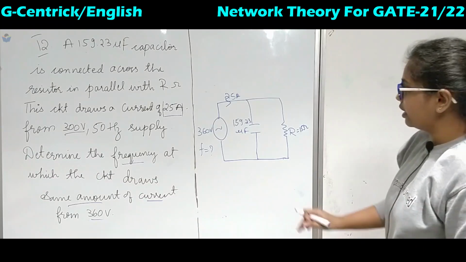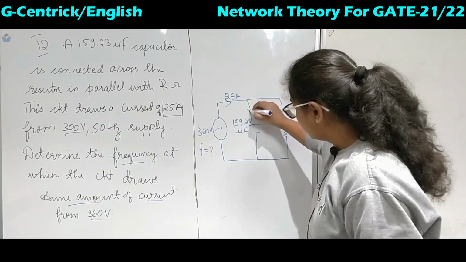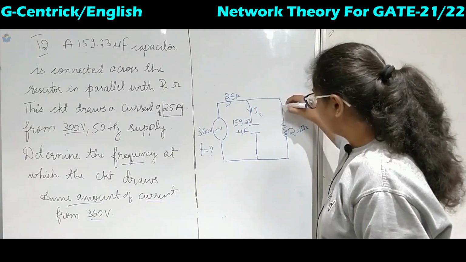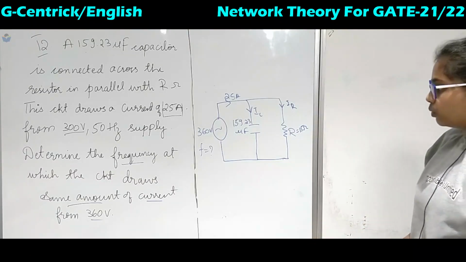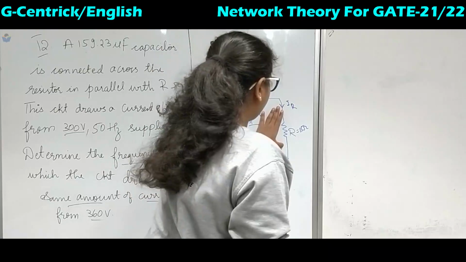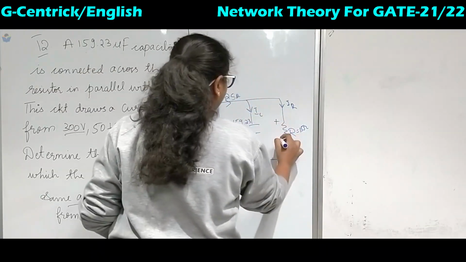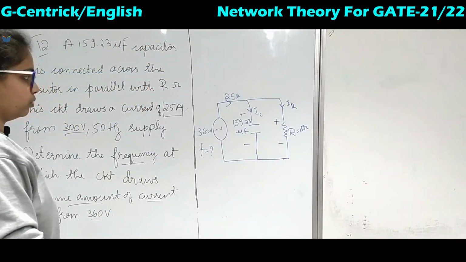Now we have 25 ampere here. We know the value of R. We don't know what is IC. We don't know what is IR. But we know the voltage across each of the elements, 360 volt and 360 volt. So here also 360 and 360 volts.